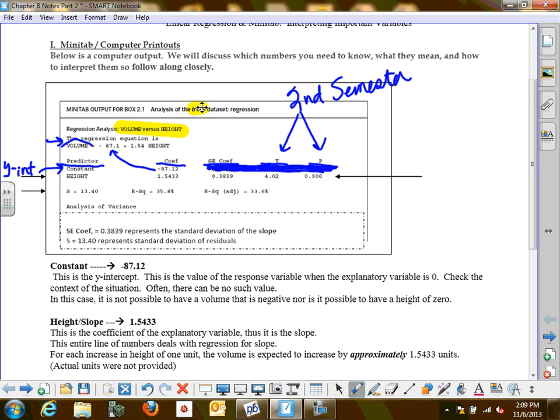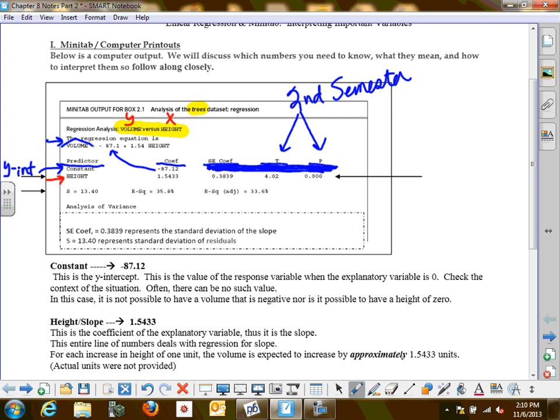The next line starts off with this variable that says height. That is our x variable, and volume is our y. So what do you think this row is about? Okay, the height, and then the coefficient for the x variable is going to be the what? The slope. Thank you.